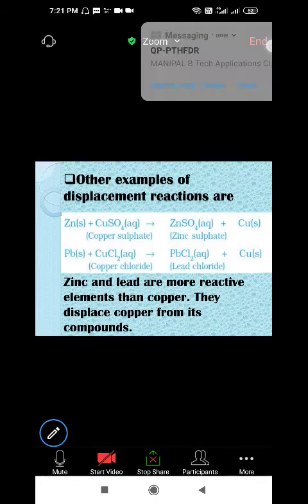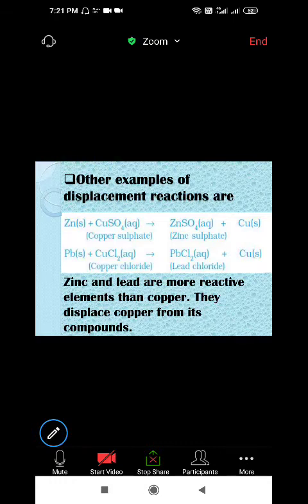This is what we are going to study in the next chapter, metals and non-metals. In the second equation, lead reacts with copper chloride solution. Lead displaces the copper and produces lead chloride, and copper gets separated.